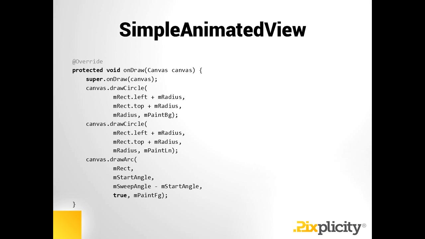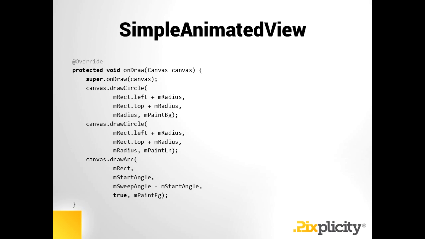Now, of course, I'm going to be using these fields that I've defined for drawing, and that's what I do here. I draw the circle. I have a background. Of course, I'm first drawing a nice light shade of gray for my background, and it basically just draws that circle from the top left plus that radius, and using that radius to draw a nice circle.